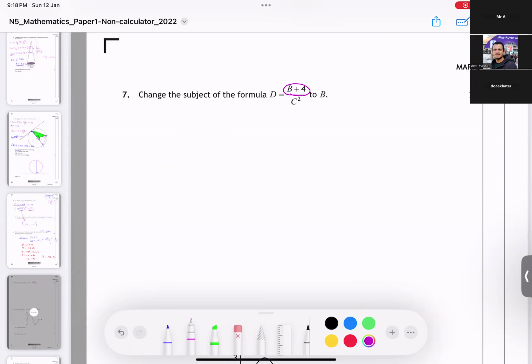I need to get rid of c squared first. I need to multiply the left-hand side and right-hand side by c squared to get rid of it. This one's been cancelled with this one. So it's going to be dc squared, which equals b plus 4, right? This one was 8, but it's 4, not 8.